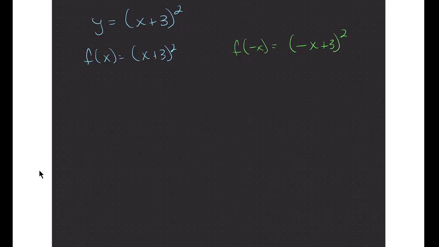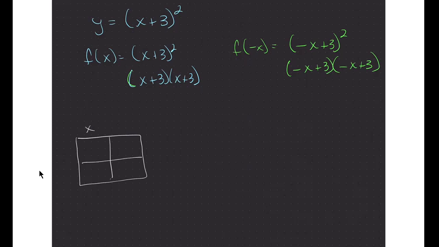So to test it, you can't tell anything the way that it is with that being squared, so you got to square these out. Because this is the same thing as x plus 3 times x plus 3, and this is negative x plus 3 times negative x plus 3. Whatever is your preferred method of multiplying these factors out, some people like the area model.